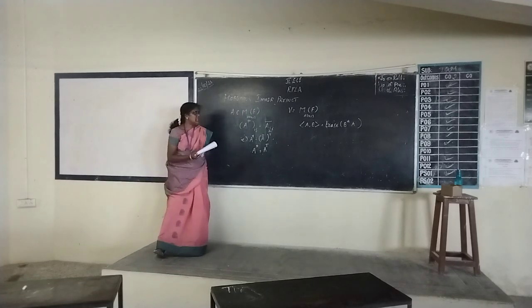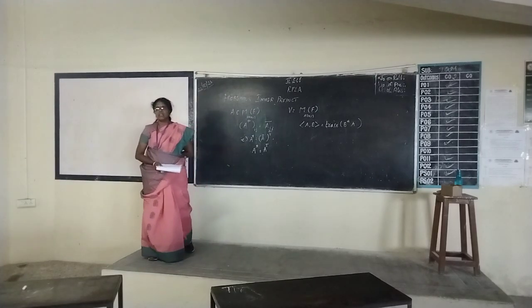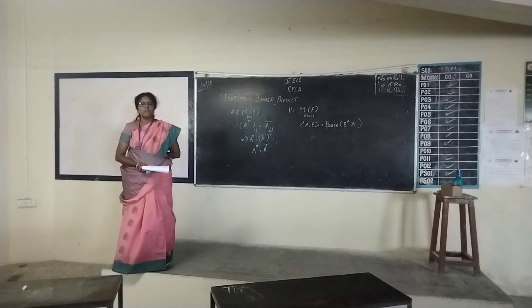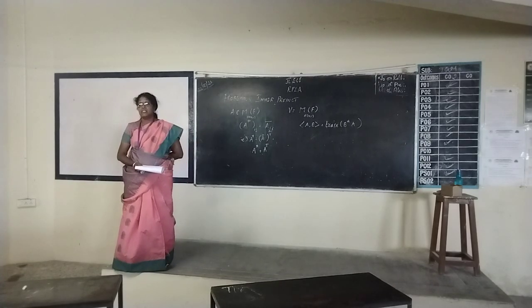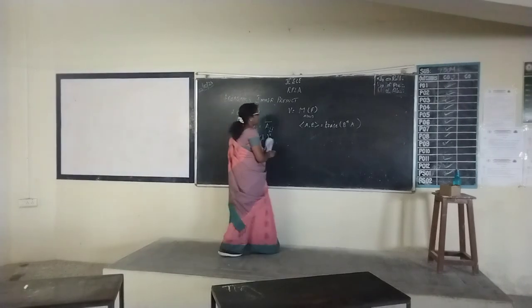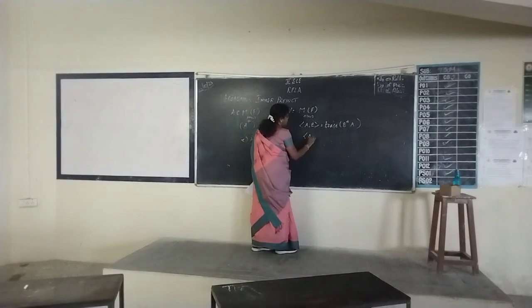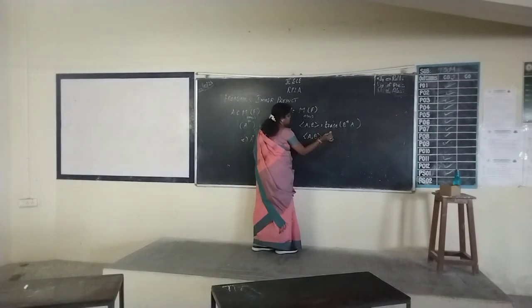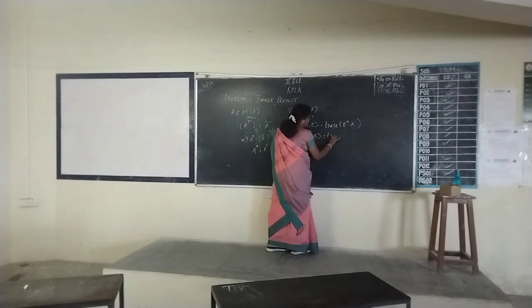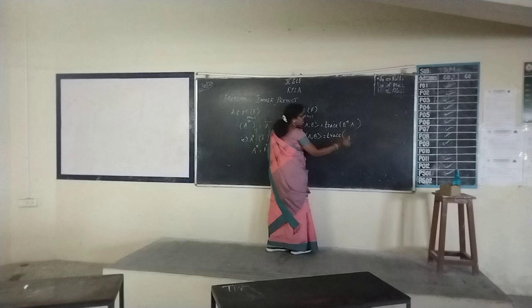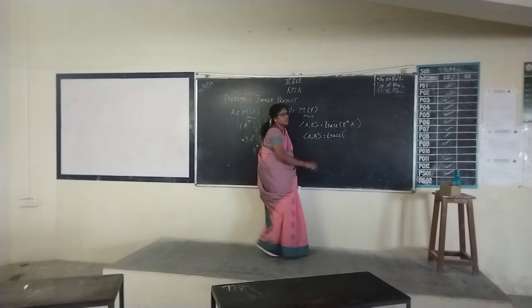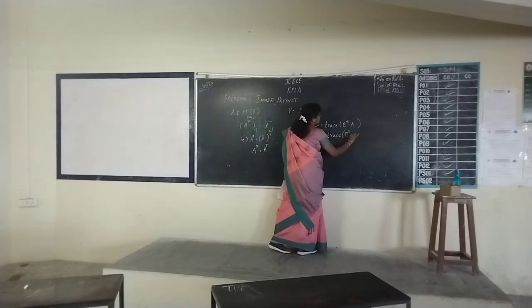Then the Frobenius inner product is defined by the inner product of A comma B equal to the trace of B transpose A. What will change now?